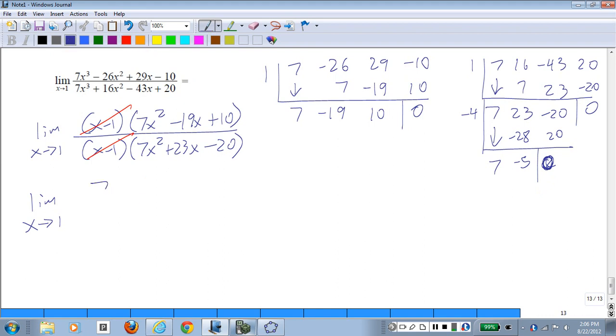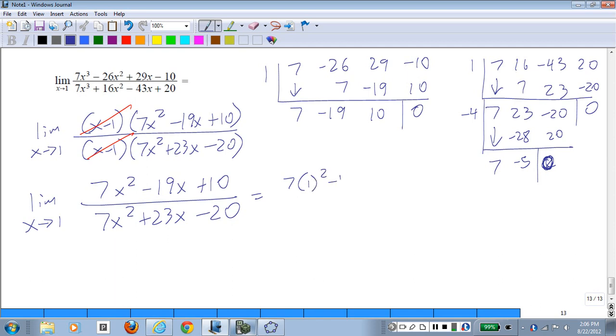So this is the limit of 7x squared minus 19x plus 10 over 7x squared plus 23x minus 20. And do you suppose 1 is going to make the denominator 0? I don't think it does. This is going to be 7 times 1 squared minus 19 times 1 plus 10 over 7 times 1 squared plus 23 times 1 minus 20.